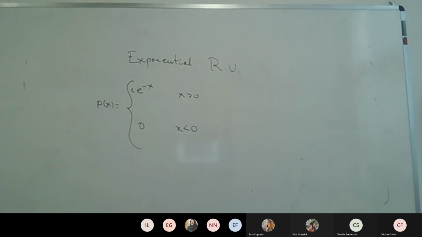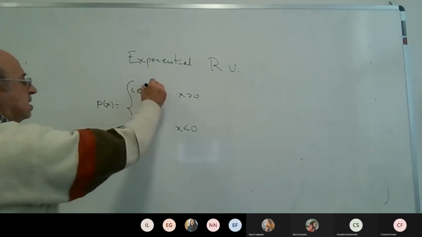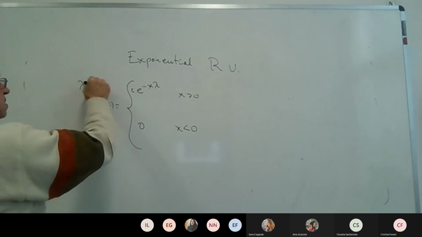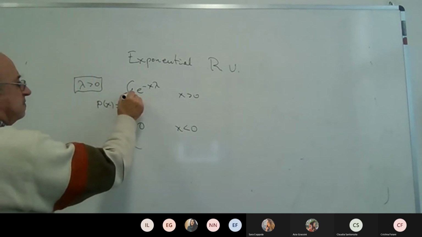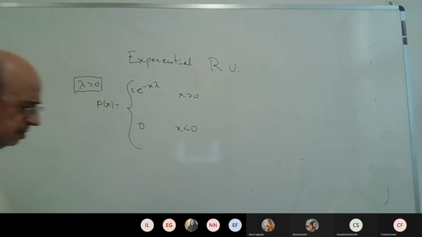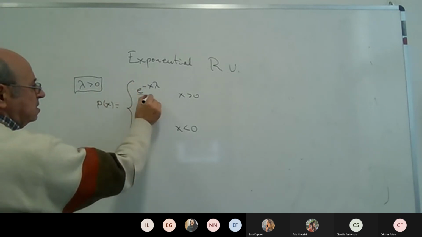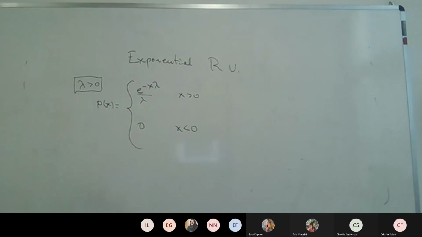This can be generalized by putting here a parameter lambda. Lambda is something positive. And of course, in order to compute your integral, the constant is 1 over lambda. So this is one of the exponential distributions that is also very often used.